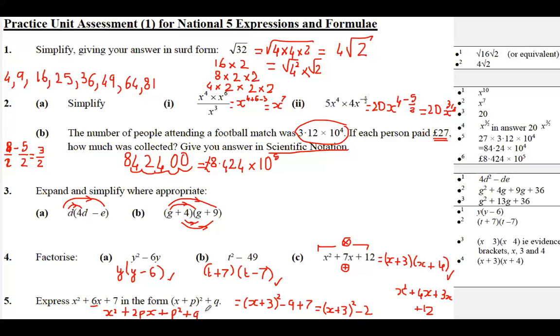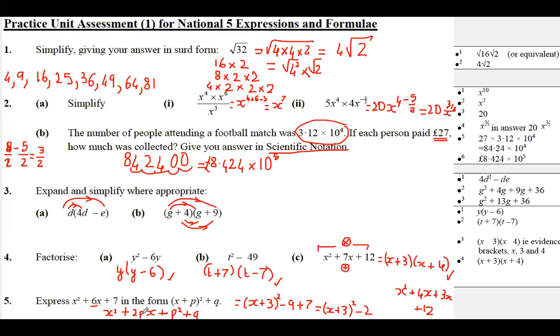So let's say you got a blank during an exam one day. They've asked you to look at this and make it like this. I've got a 1 in front of the x squared. Now, 6 equals 2p. What is p? If 6 equals 2p, 3.